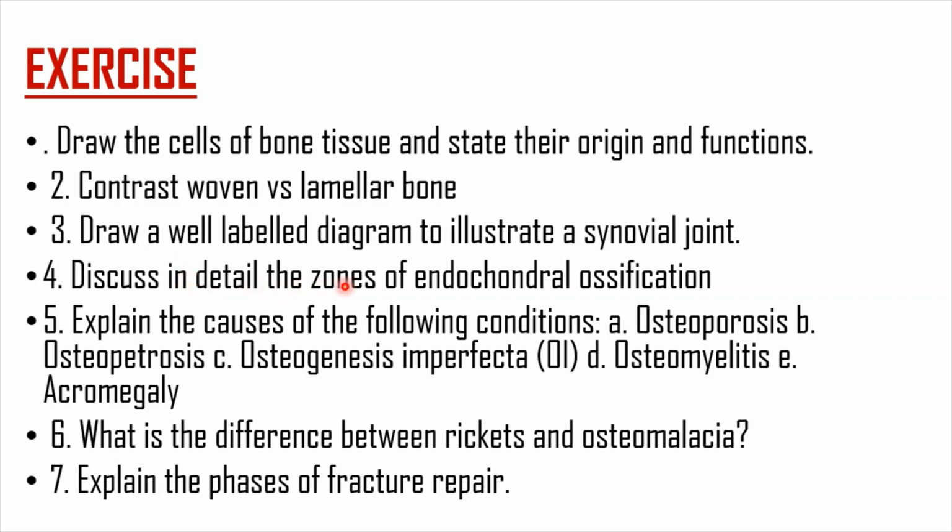You discuss in detail the zones of endochondral ossification, something that we've already looked at. You explain the causes of the following conditions: osteoporosis, osteopetrosis, osteogenesis imperfecta, osteomyelitis, and acromegaly. And you highlight the difference between rickets and osteomalacia. Seven, you explain the phases of fracture. Okay, so that's the exercise that you are doing.